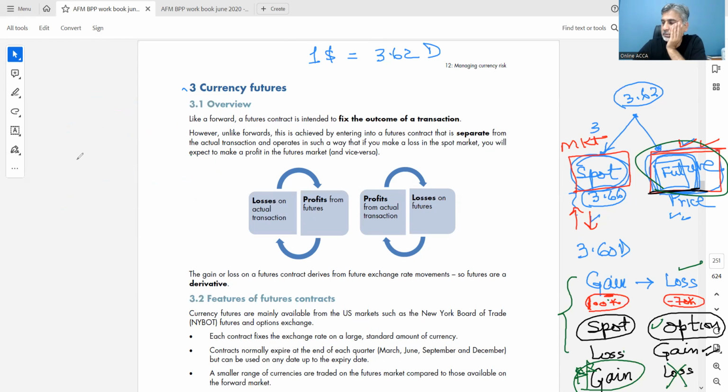They will say, for example, you are all accounting and finance people, and some of you are working professionals as well. You're aware of your country, you're aware of your economy.